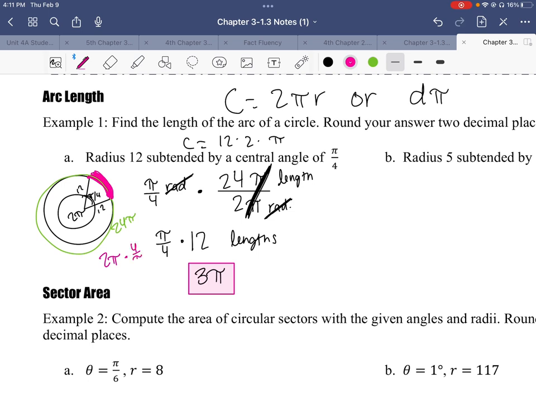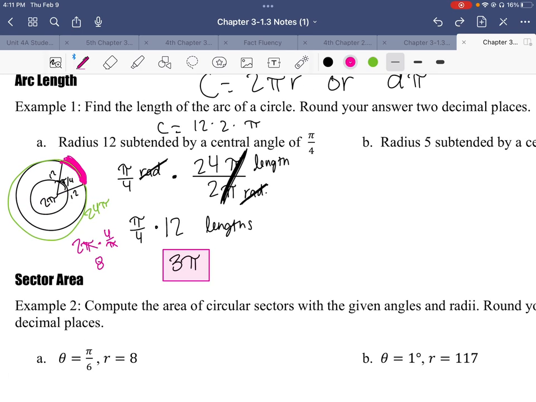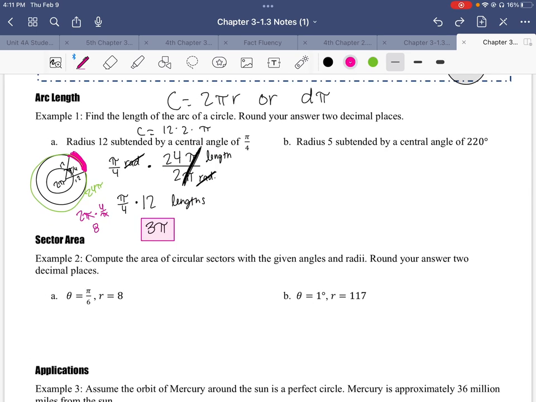You'd do this. 8. We have 8 pi fourths sections, and that should be pretty intuitive to you guys, right? That we have 8 of these sections in here. That looks more like 6 when I do that. But we have 8 of these pi fourths sections in there, so we only want 1/8 of the entire circumference. Hopefully that makes sense to you.